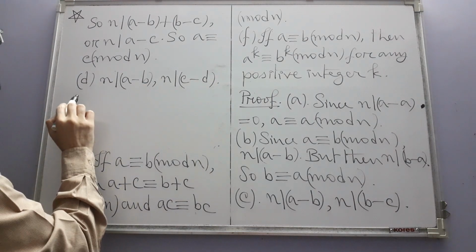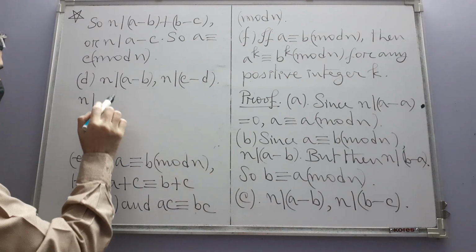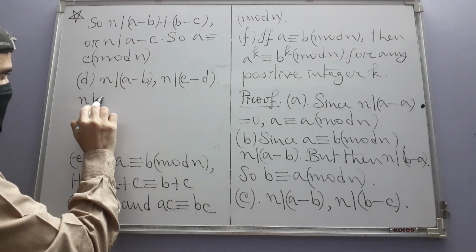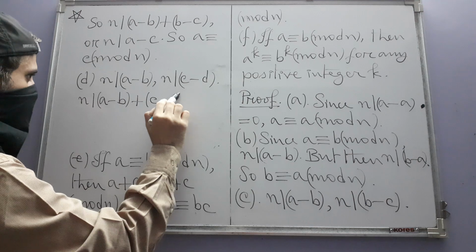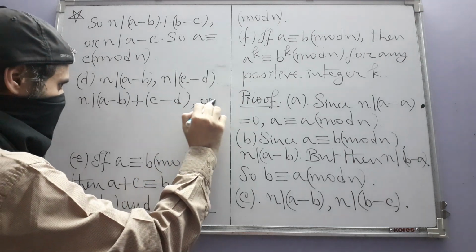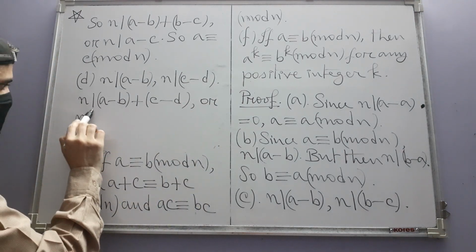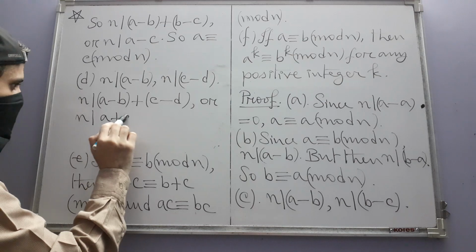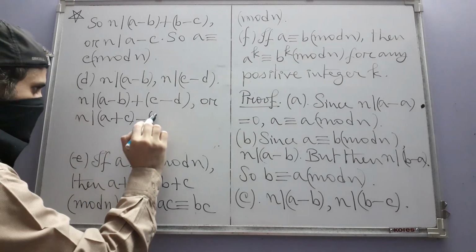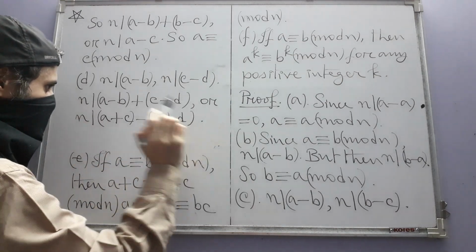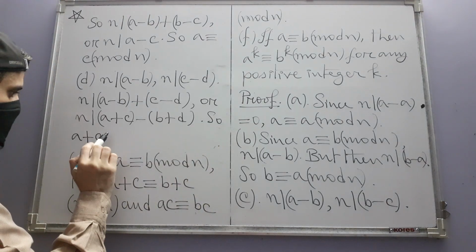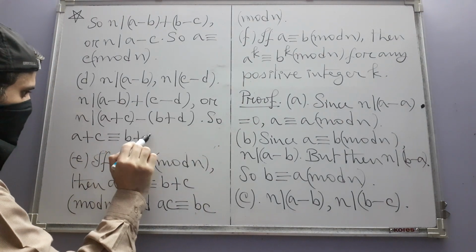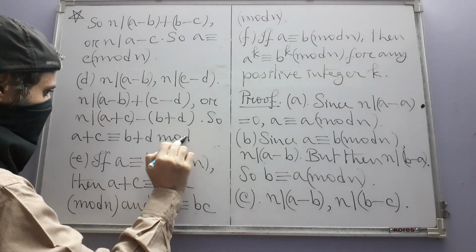Alright. This means, again, just like that one, let's add them up. And we get this, or rearranging the things a little bit, we get A plus C minus B plus D. So A plus C is congruent to B plus D mod n.